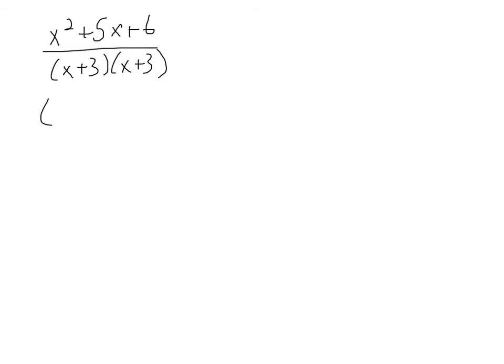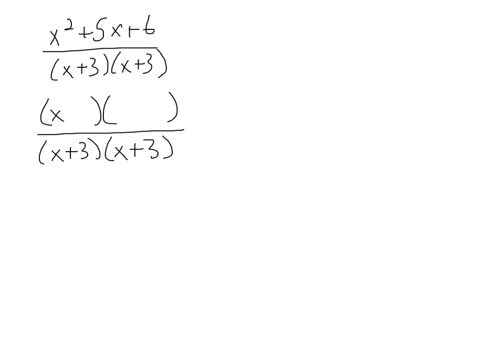I can factor my numerator because I do want to cancel out these x plus 3 somehow. And I know that 3 and 2 will give me 5 if I add them, and 6 if I multiply them. So here I can cancel these out, and I'm left with x plus 2 over x plus 3.